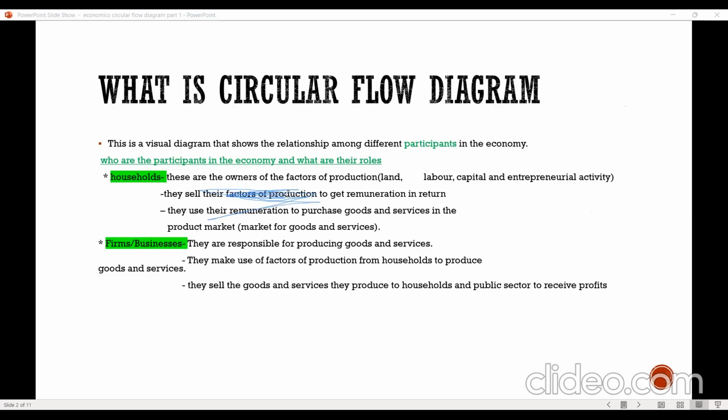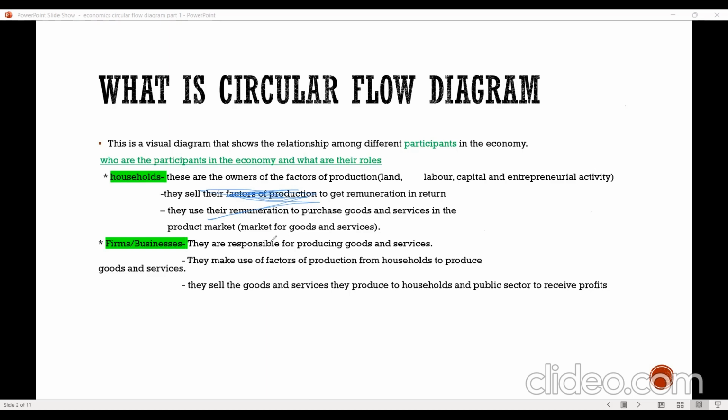They use the remuneration to purchase goods and services in the product market. Which remuneration is this? It is the remuneration that they get from selling their factors of production.